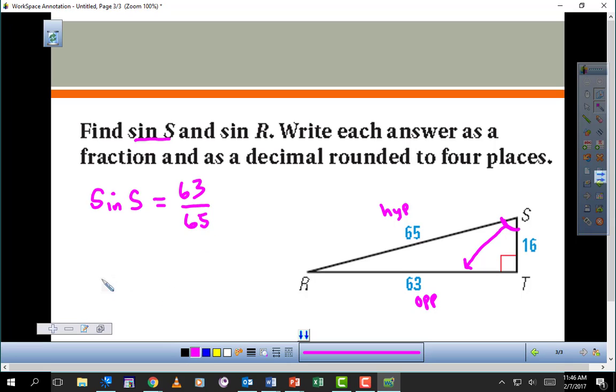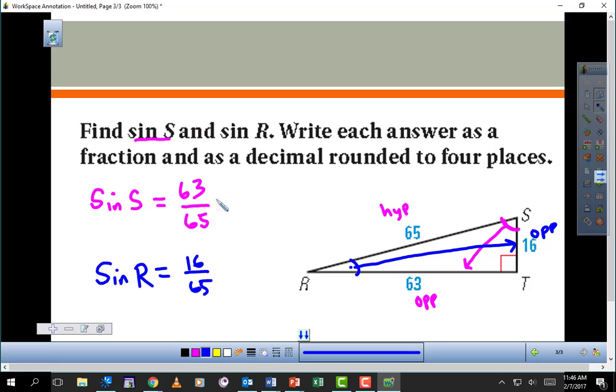And the sine of R, on the other hand, is looking from this perspective. If we're looking over here, this is its opposite side. So the only difference is that this one's going to be 16 over 65.